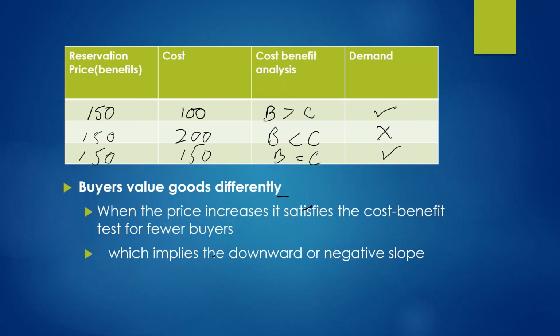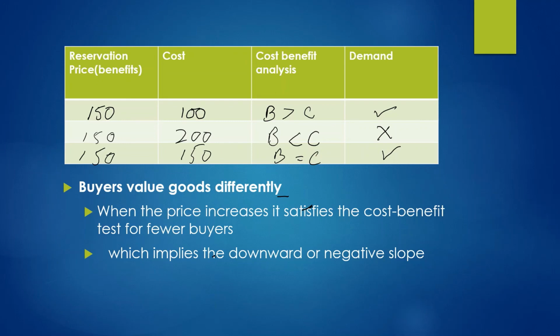But if there is an increase in the price and your reservation price becomes lower than the price of the mobile, then you will decrease your demand. You come out of that market. You will not demand. So with the increase in the price, if the increased price is greater than your reservation price, you will not demand.